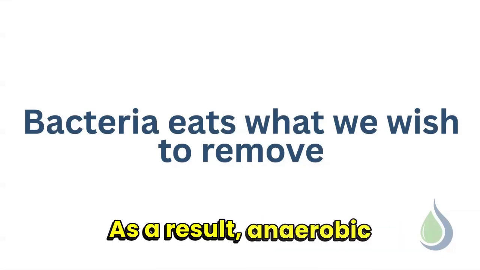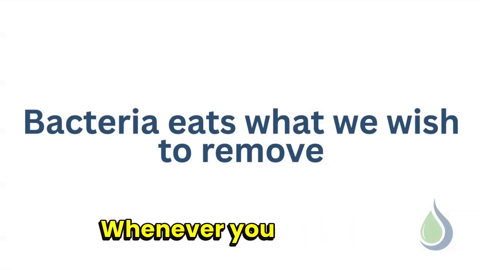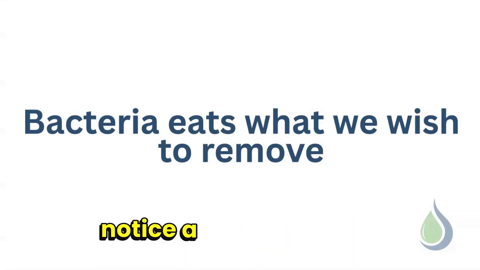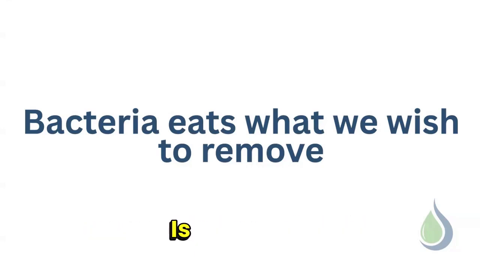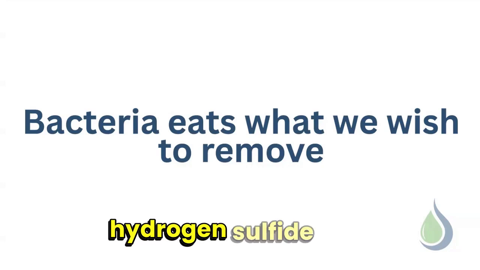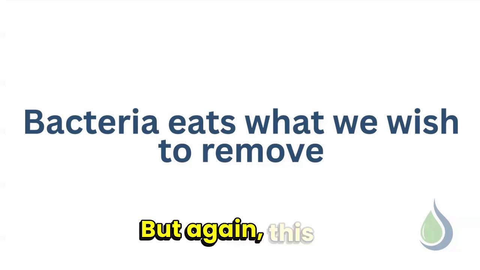As a result, anaerobic bacteria grow. This is the reason why your lakes will be stinking. Whenever you go close to a lake, you will notice a stinking smell, a rotten egg smell. This rotten egg smell is coming because this anaerobic bacteria is releasing hydrogen sulfide gas.